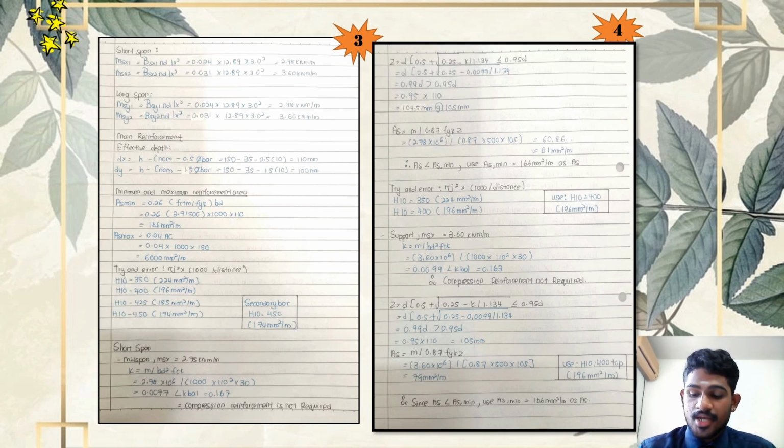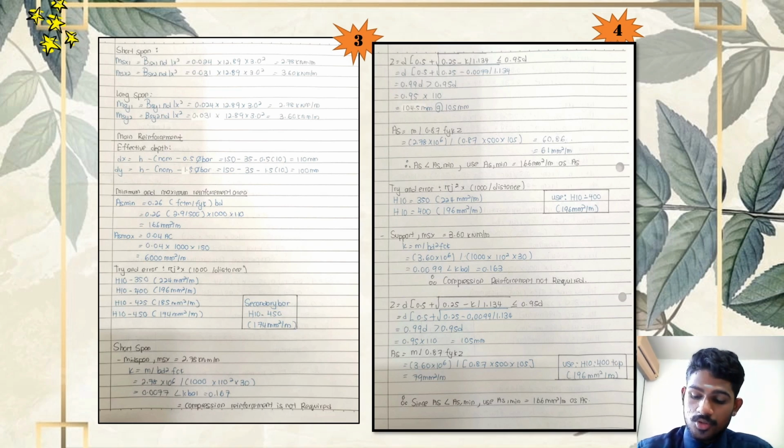Okay, for the trial and error, H10 at 350 gives a value of 224, and H10 at 400 gives 196. By comparing these two values, we can use H10 at 400, which is 196 millimeter squared per m.